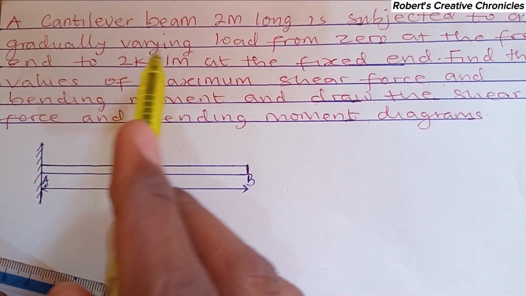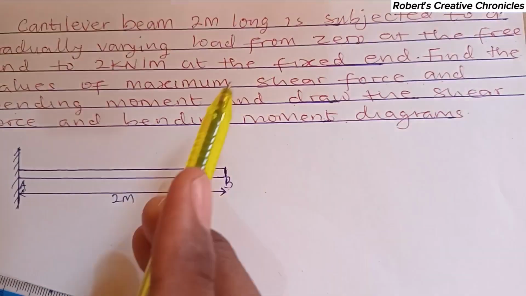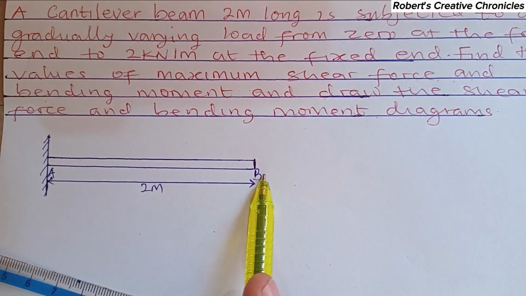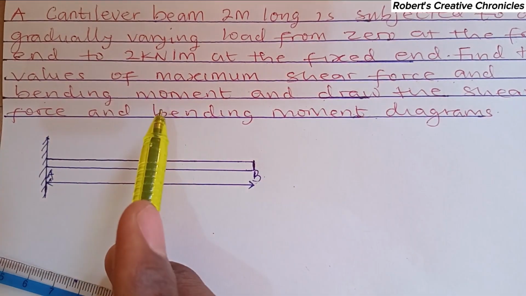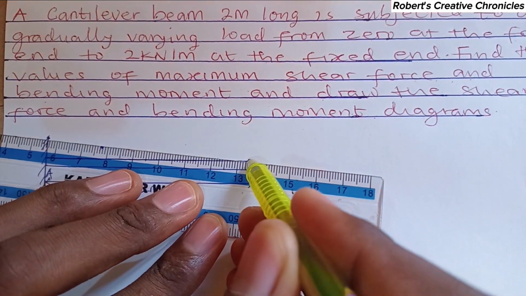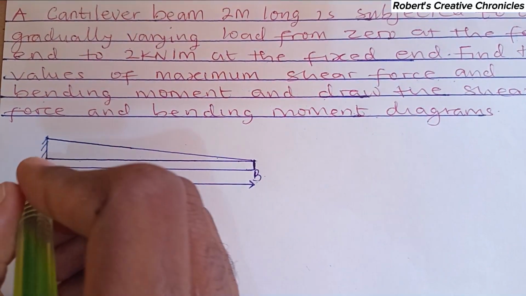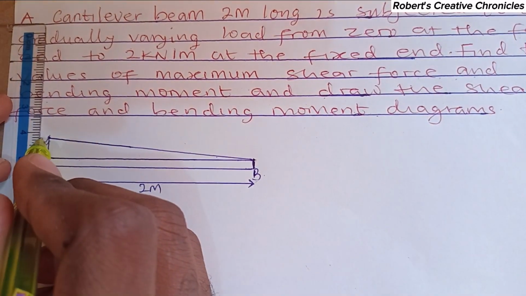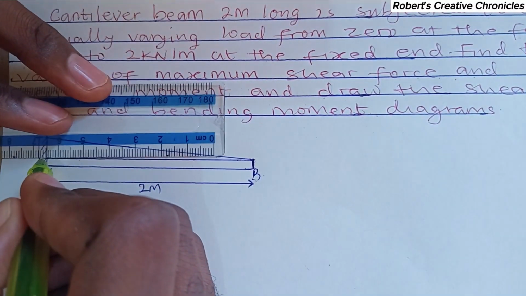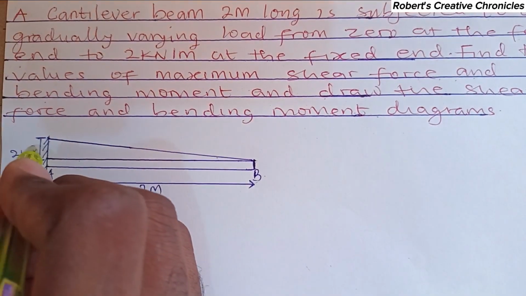Is subjected to a gradually varying load from zero at the free end. This is the free end, to 2 kN per meter at the fixed end. So the gradually varying load is from 0 here to 2 kN here, which is the fixed end. So at this point, it is 2 kN per meter.